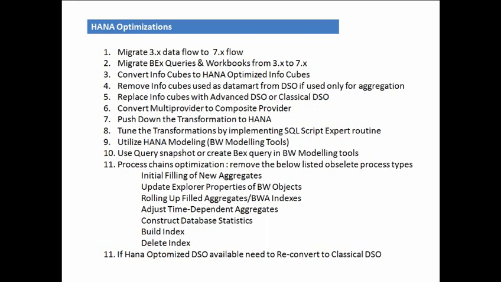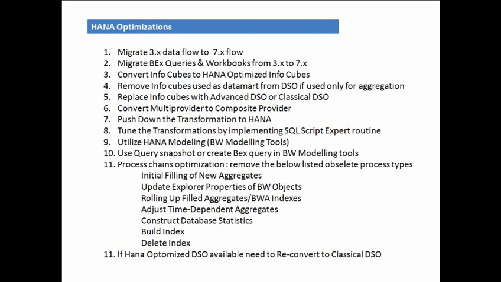And once it is done, you need to do certain optimizations of processing, because once it is migrated, you don't have an accelerator, no more BW accelerator, no aggregates, nothing. So in the processes, you might have roll up of indexes or roll up of aggregates. All those processes must be removed. Even if you don't remove them, it's fine, because processing will have it, but it does not execute that.